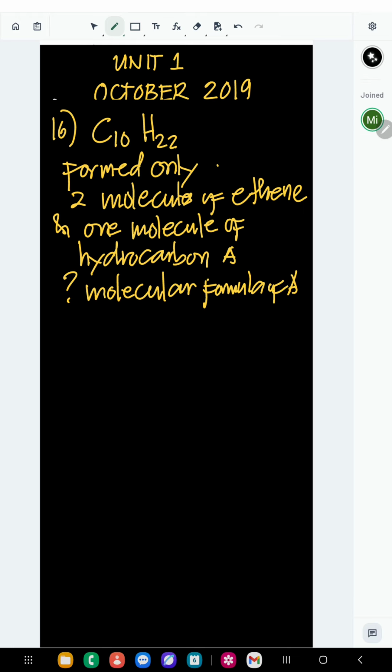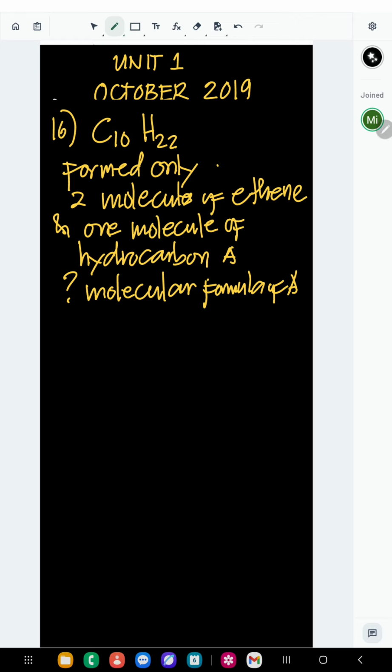So let me read it again. During a cracking reaction, each molecule of an alkane with formula C10H22 formed only 2 molecules of ethene and 1 molecule of hydrocarbon A. What is the molecular formula of A?